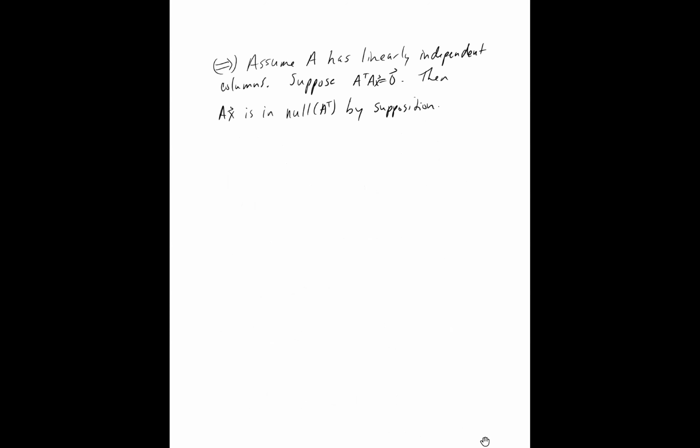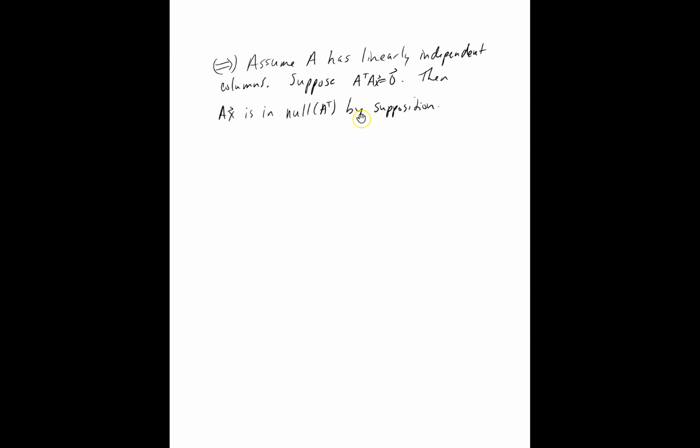Let's go the other way. Let's assume that A has linearly independent columns, and my arrow should be pointing the other direction because I'm proving the other direction. All right, so now let's suppose that A transpose A X is 0. By supposition, AX is in the null space of A transpose because I've set up A transpose times AX equals 0.